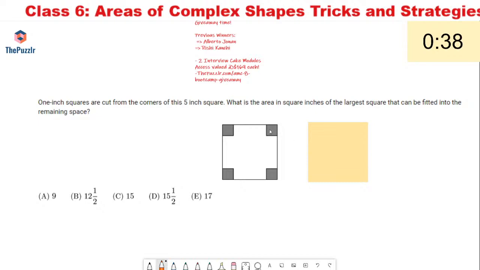So let's see. I did put a sticky note there if you noticed. And once I remove that sticky note, you'll see a very useful diagram. That's going to really help you out.